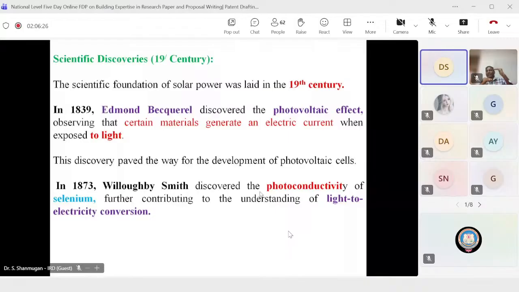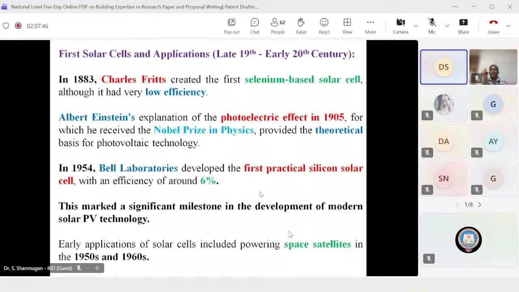Okay, in 1954 Bell Laboratories developed the first practical silicon solar cell with an efficiency of around 6%. This marked a significant milestone in the development of modern solar PV technology. Then the government sector also started funding.